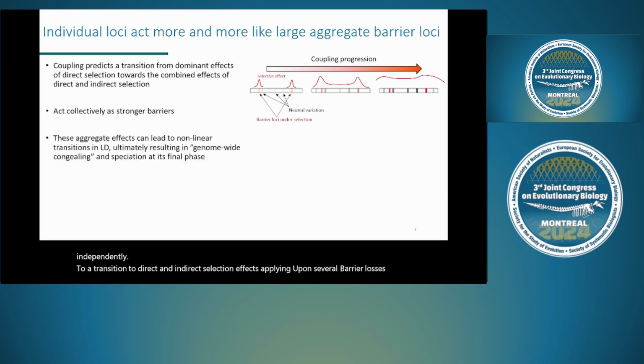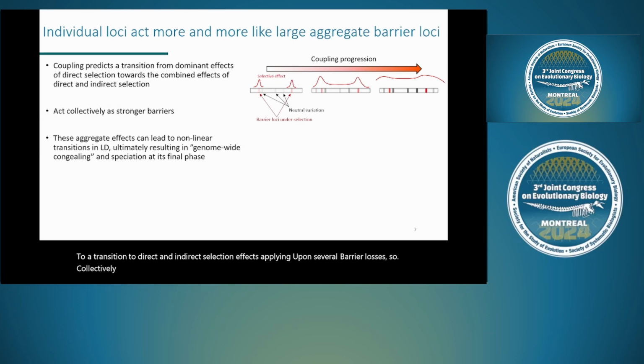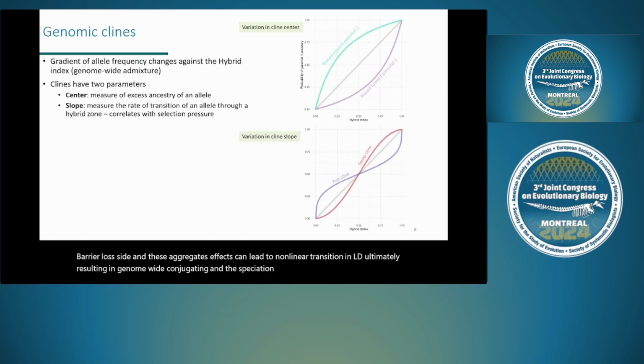They will act collectively as stronger barriers, more and more as a large aggregate barrier. These aggregate effects can lead to a nonlinear transition in LD, ultimately resulting in genome-wide congealing and speciation at the final stage.